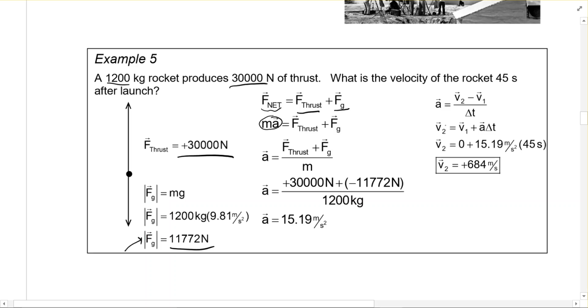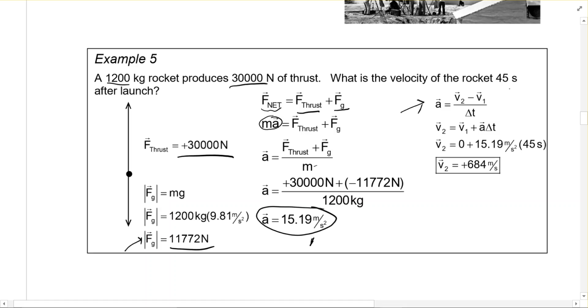And now if we're going to solve for acceleration, I just need to divide this by M. So if I do that, I figure out that my acceleration is 15.19 meters per second squared. Now that I know my acceleration, I can use the second formula that we learned.